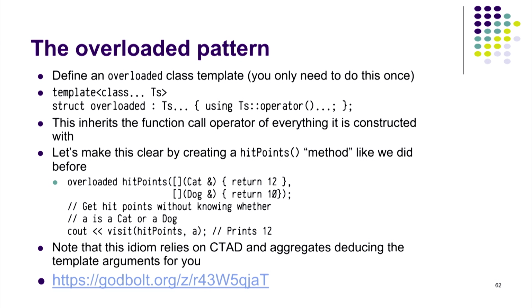So this inherits the function call operator of everything it's constructed with. So here I can say overloaded hit points and give a lambda for hit points of a cat, a lambda for hit points of a dog. Class template argument deduction computes the template arguments as the types of these lambdas.